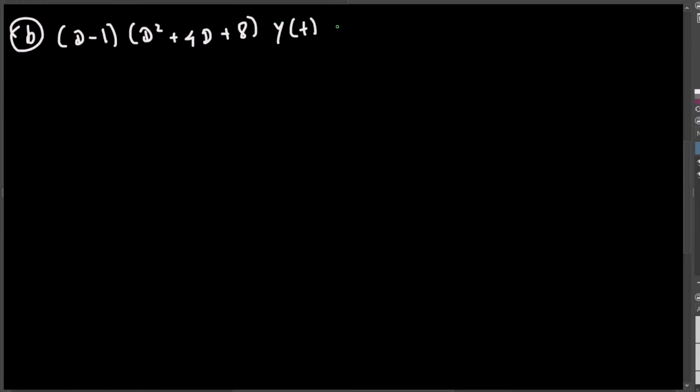Let's say we have an equation given like this: (D - 1)(D² + 4D + 8) y(t) is equal to (D + 2) f(t). First we write the characteristic equation.